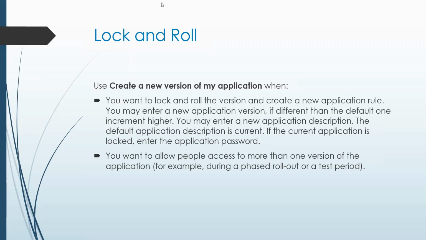So all these things that we have seen, lock and roll and all, seem good when I have a limited number of rule sets, probably 10 to 15 rule sets. I can start selecting each one of them, deselect, and then give in some passwords for it, lock it, which is kind of okay. But what if I have a lot of rule sets? Again, like 40, 50 rule sets.